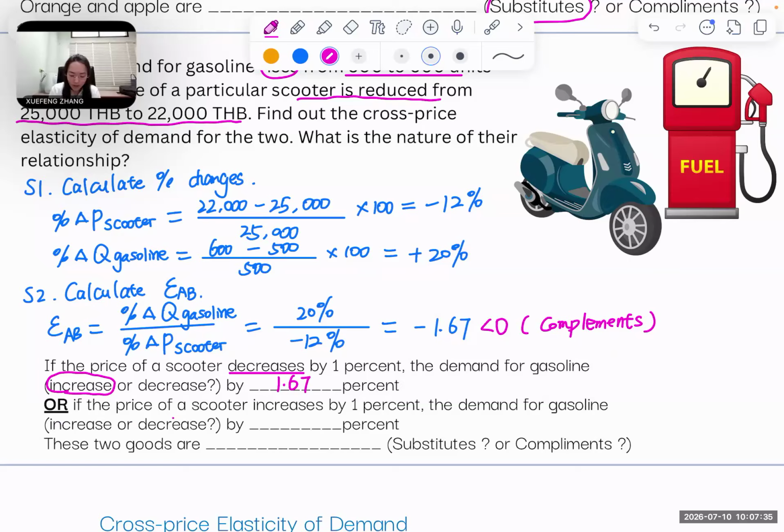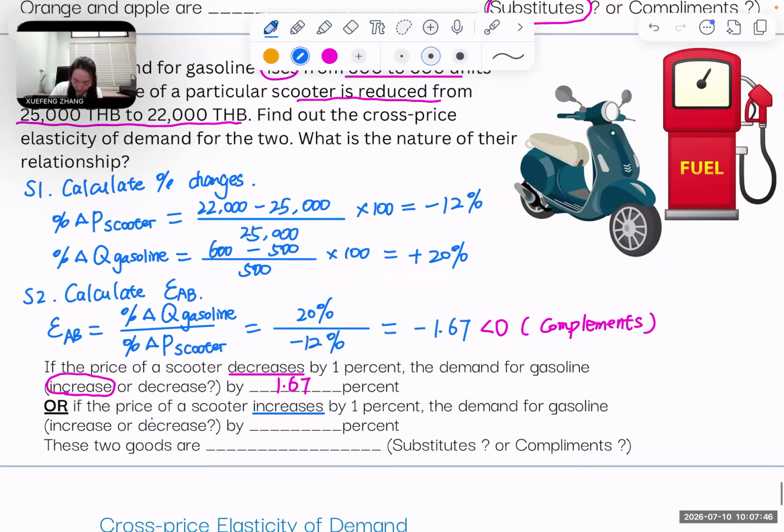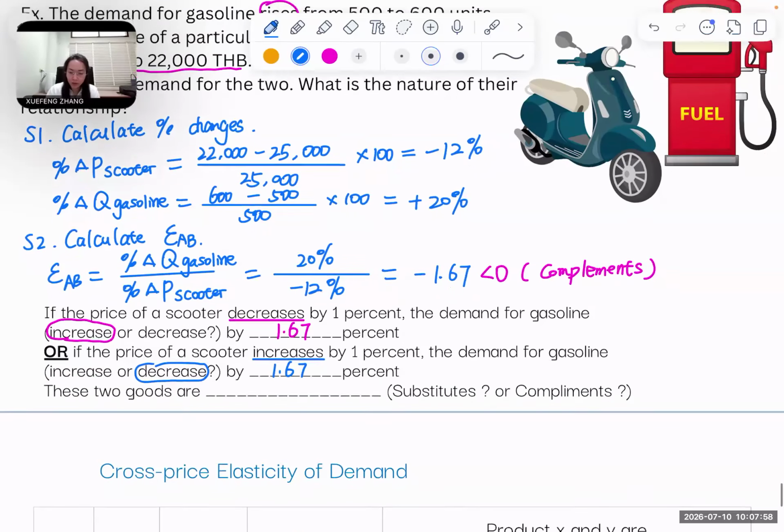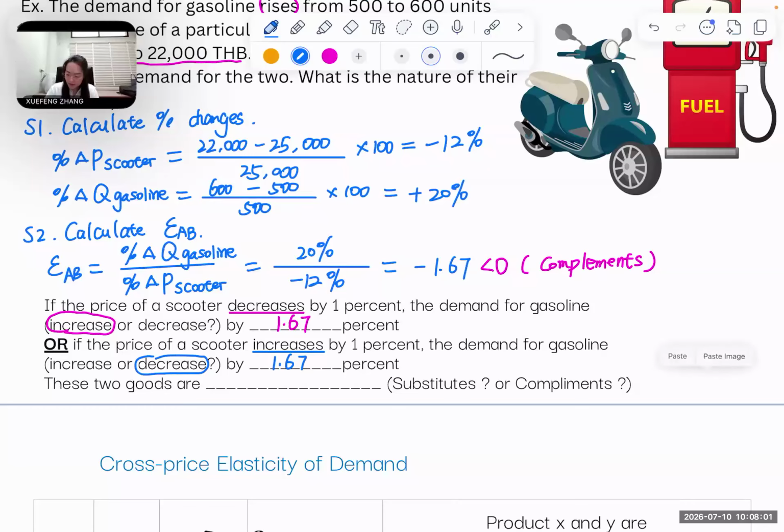And if the price of a scooter increases by 1%, the demand for gasoline will decrease, right? By the same 1.67%. So we can see that those two goods are complements.